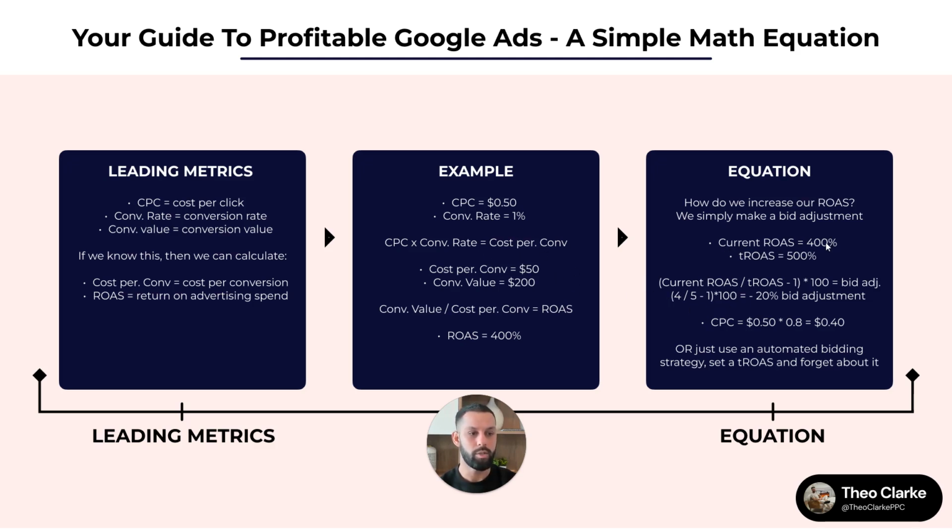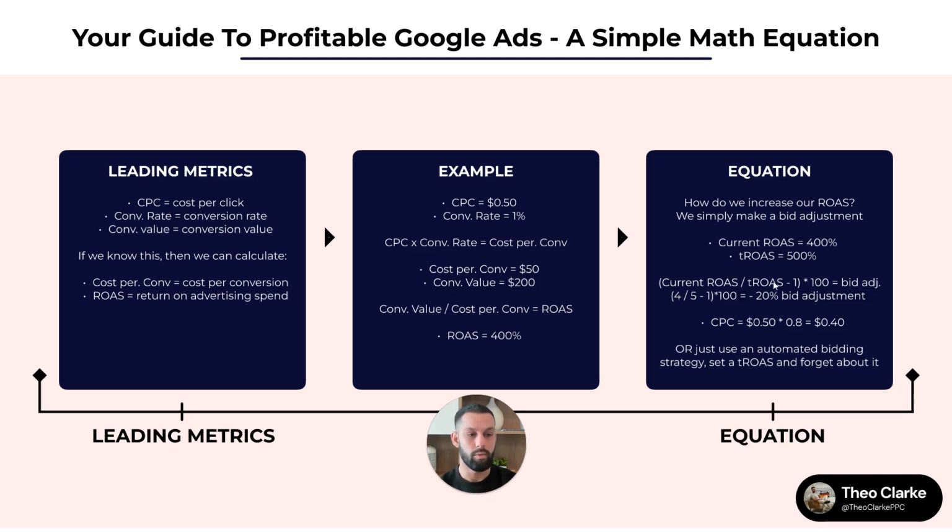We take our current ROAS, which is 400, and put that in as 4, divide it by our target ROAS, which in this instance would be 5, minus 1, make sure you use brackets, and then times everything in those brackets by 100. That's going to give us an answer of 0.8, which means we need to make a 20% bid adjustment to reduce our CPC and increase our target ROAS.